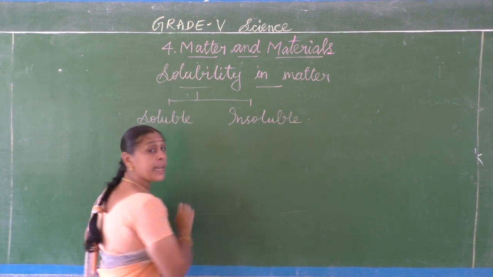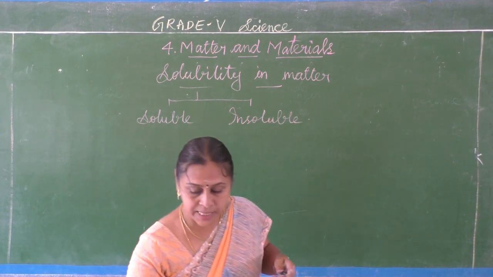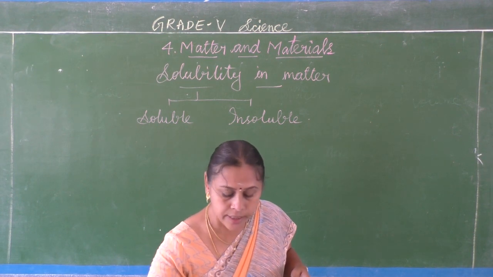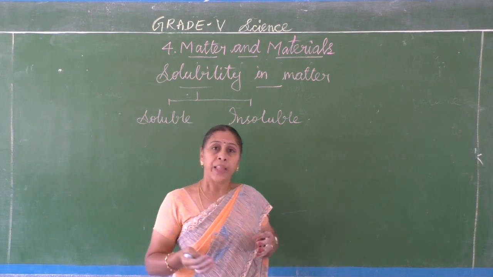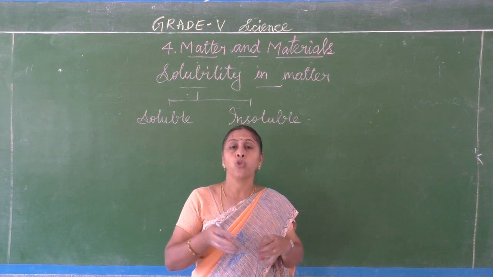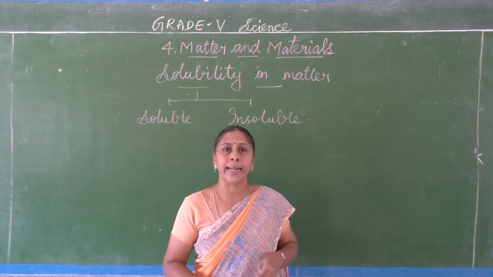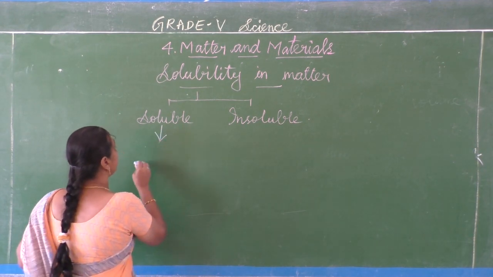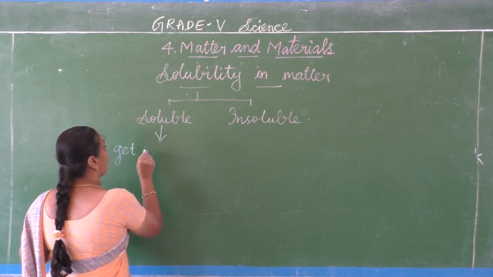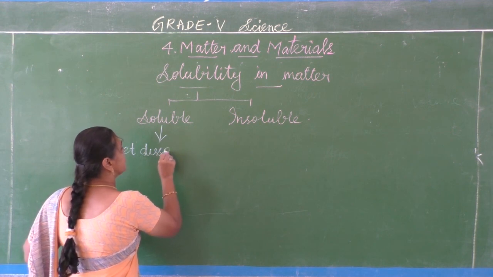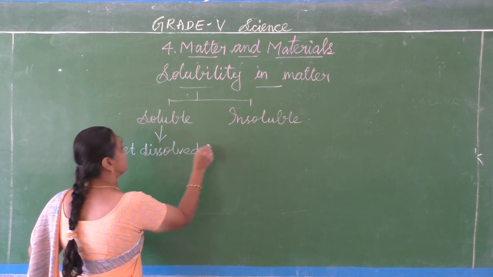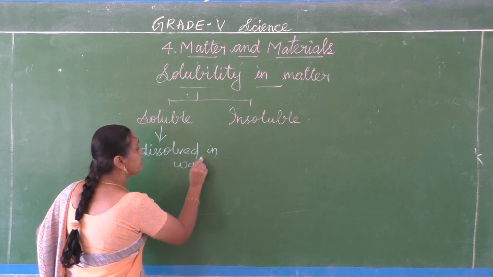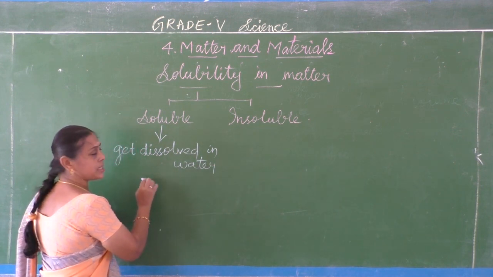The substances which get dissolved in water, whatever dissolves in water, those are called soluble matter. Now example for soluble, get dissolved in water. Those are called soluble substances.